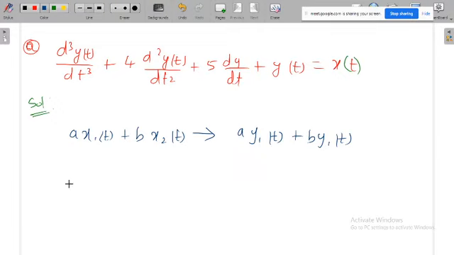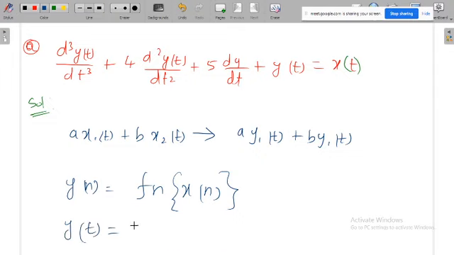So far we have had the output y[n] as a function of x[n], or y(t) as a function of x(t). But now the equation is a little bit different. There are so many y's, so many outputs. The output is directly present, and also the differential form of the output is present here. So when we try to apply this approach, it will be a little bit tricky.